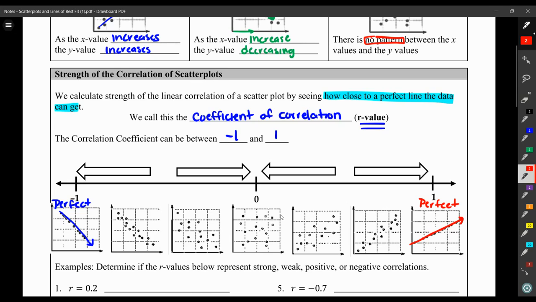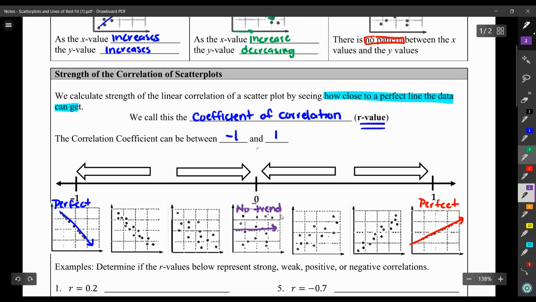But because the world is not perfect, we usually have ones that are not exactly -1 and not exactly 1. Now, if you have an R value, a correlation coefficient, of 0, that means this is no trend. That means your line of best fit is a straight horizontal line.